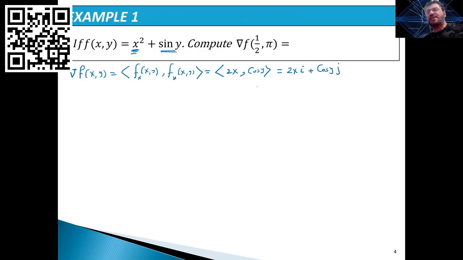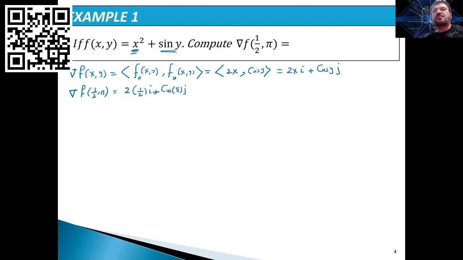What does this represent? I'm going to show you in a minute. Now he wants to find the gradient of f at the point half and pi. That means we're going to replace every x with half and every y with pi. So this is equal to 2 times half i, plus cosine pi j.